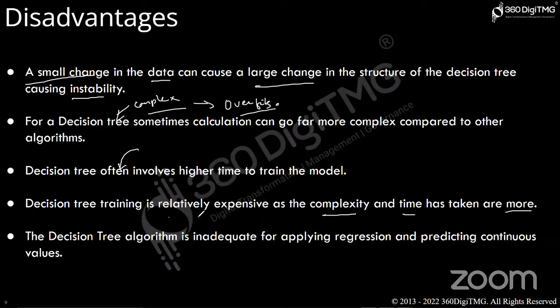So it is relatively expensive based on computational burden as well as time. It will take more computational burden, and it will also take more time to give us a solution.